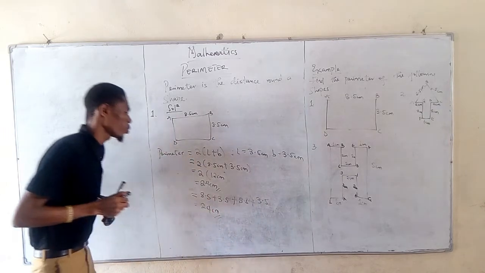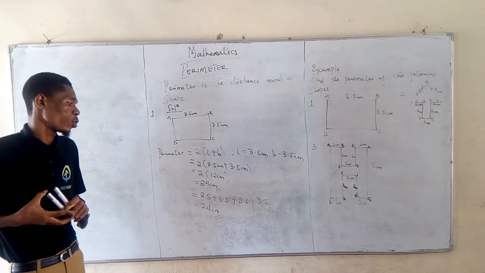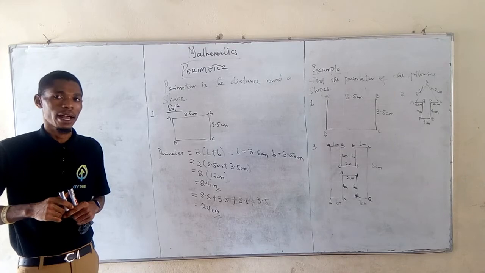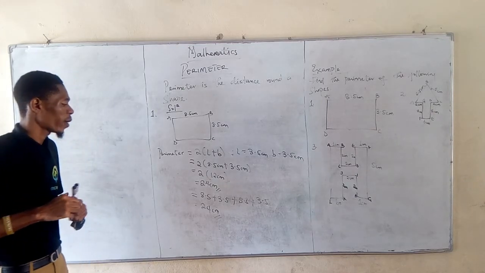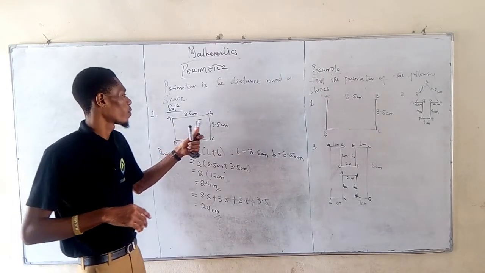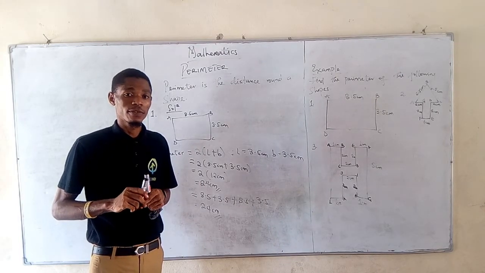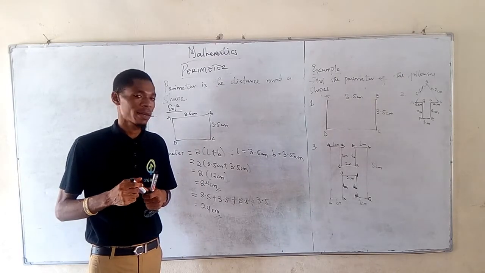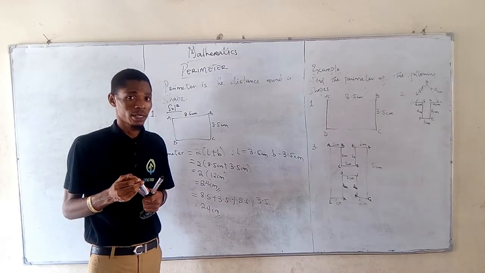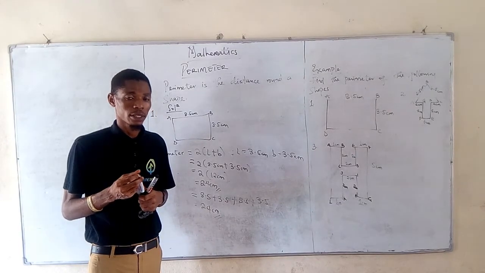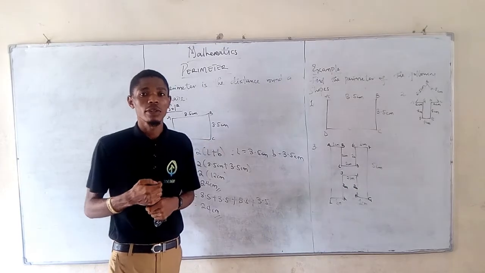So any method used in solving it, you will get the same answer, okay? It means the perimeter of the shape is the sum total of the distance around the shape. This is very, very simple. When we solve the 2 other examples, you'll see how amazing and simple it is. Okay? So stay tuned for the other examples.